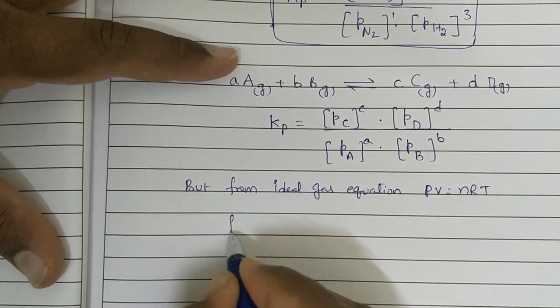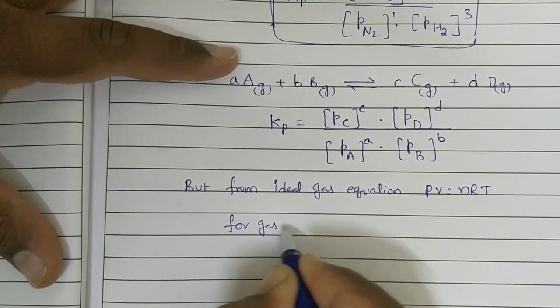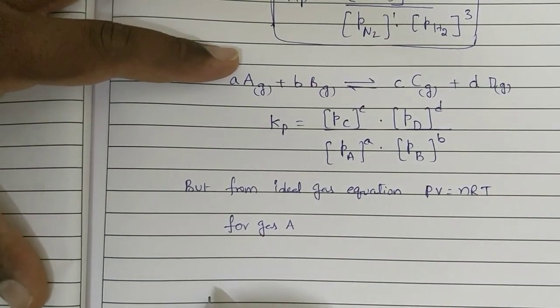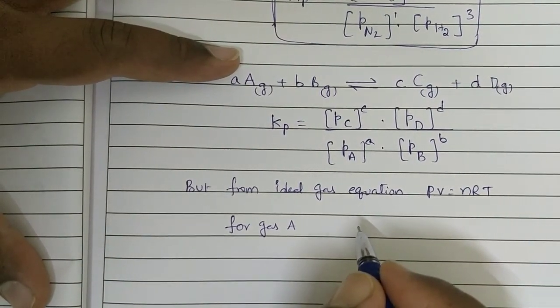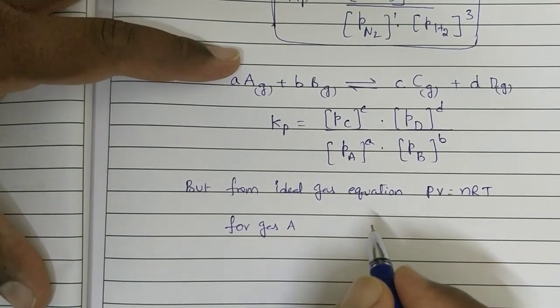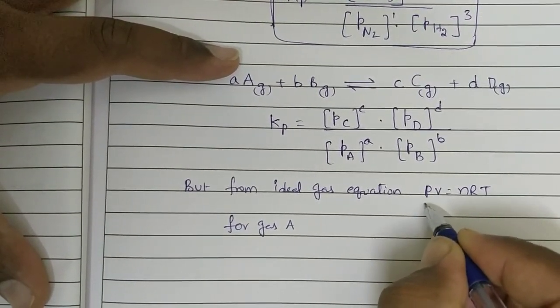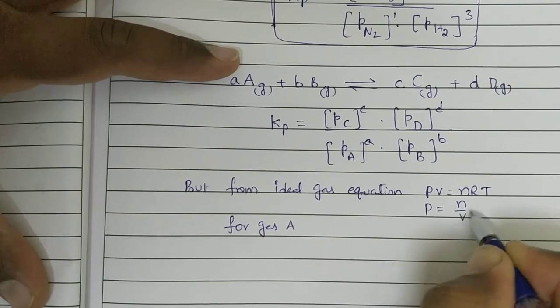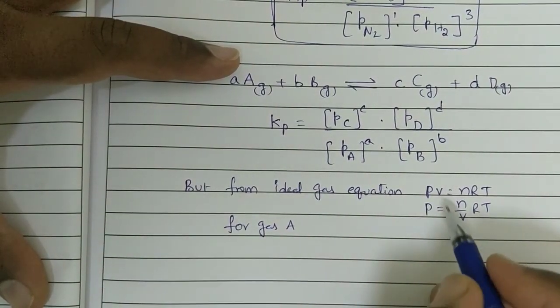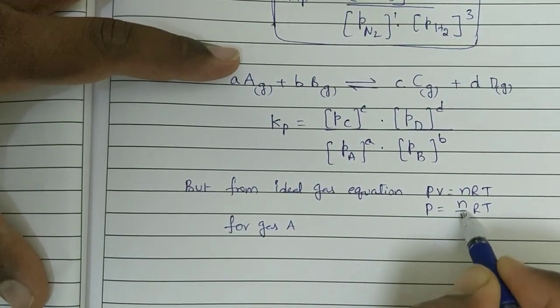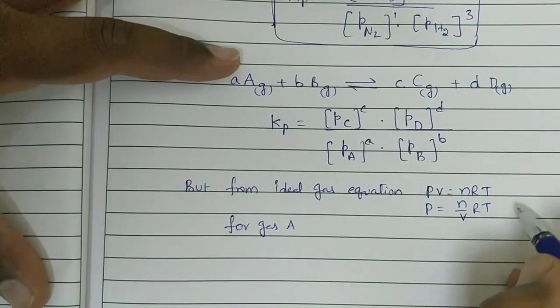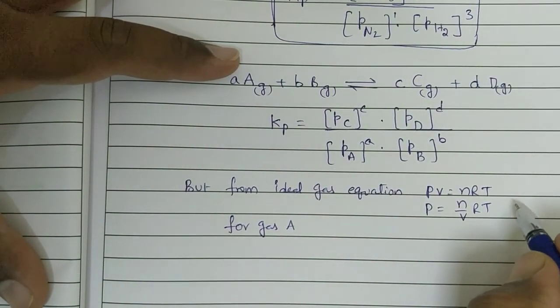Sending V to the other side, P is equal to n by V into RT, where n by V is equal to molarity.